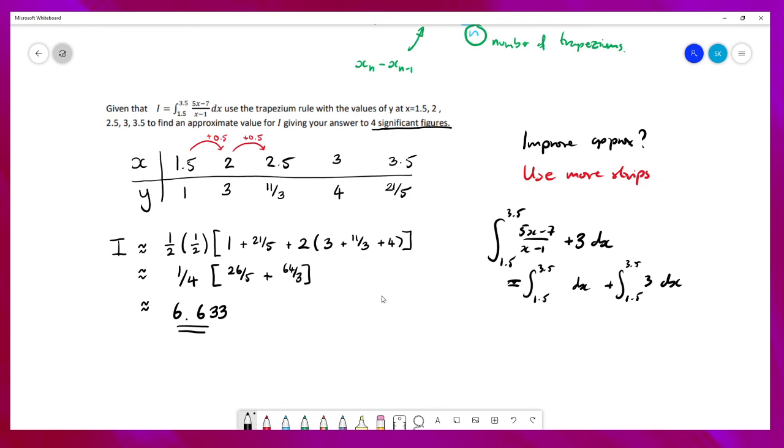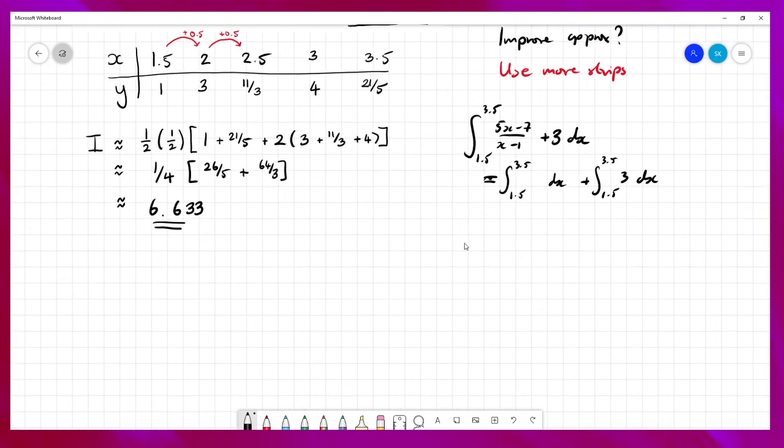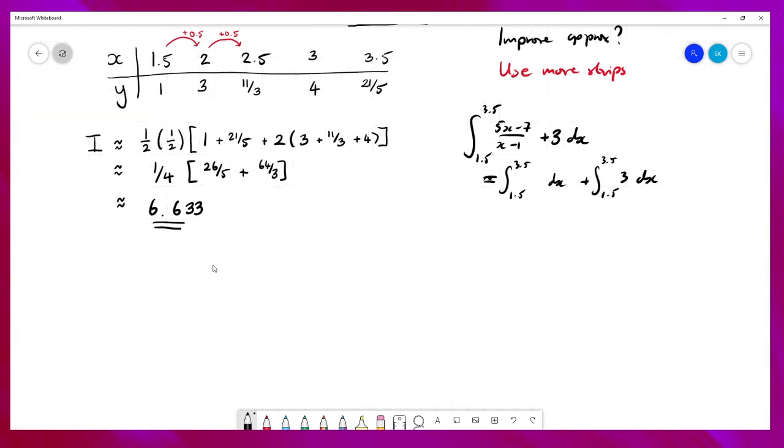If you've been given a graph, you might also be asked whether this is an under approximation or an over approximation. Now, because you can work this out in your calculator, you can actually see very quickly what it comes out as. The reasoning is a little bit difficult, or a little bit precise. So if this value, which in this case it is, is less than the actual value, then it means it's an under approximation.